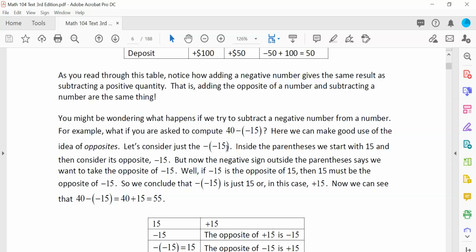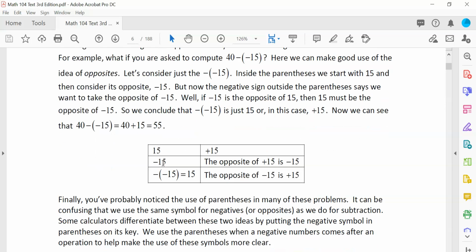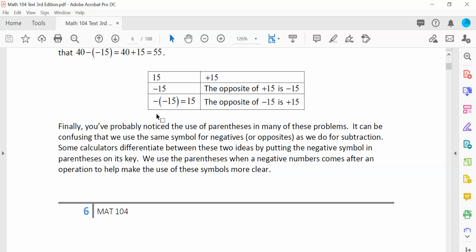Basically, what we're doing is the opposite of a negative. The opposite of a negative is a positive. And so subtracting a negative is just like adding a positive. So 40 minus -15 is the same thing as 40 plus 15, which is 55. So the opposite of a negative is a positive.